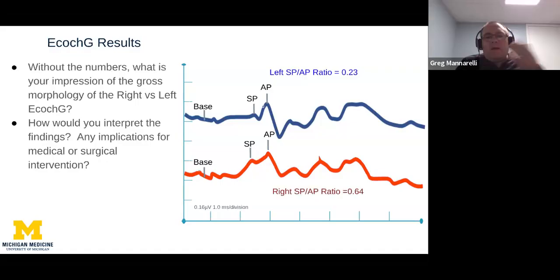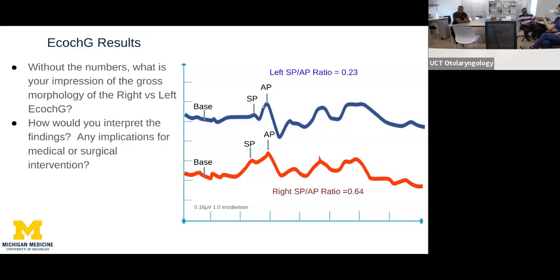So what implications might this data have in planning this patient's care for the future? It means that if there's any intervention, it should be for the right ear. And what interventions do we have for a patient with right Meniere's?